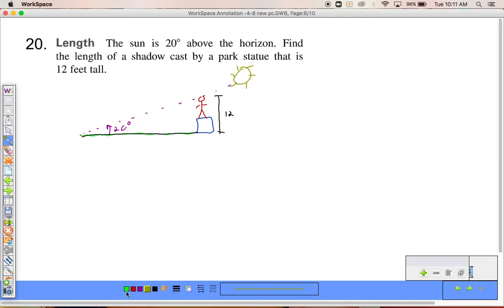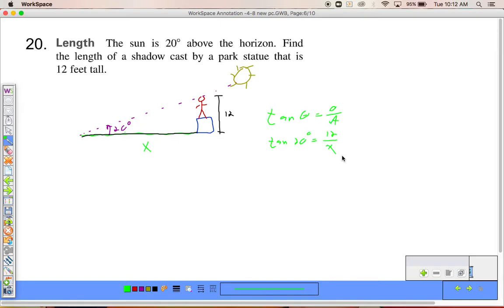So what they're looking for, the sun is behind the statue, causing a shadow, and the sun's 20 degrees above the horizon. So what I'm looking for is this distance here, which is my shadow. In relation to my 20-degree angle, I have opposite and adjacent. So I'm going to write a tangent function. We'll say the tangent of 20 degrees equals 12 over x, and I'm going to solve.